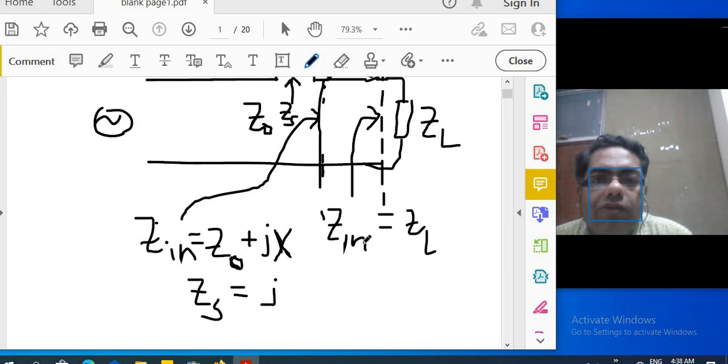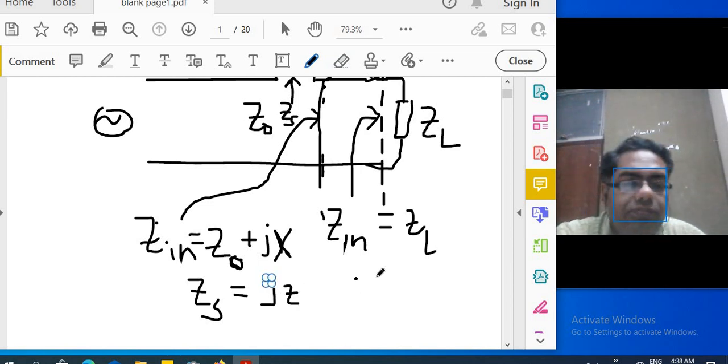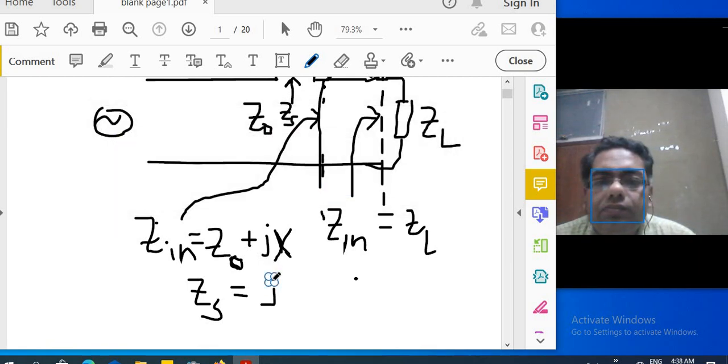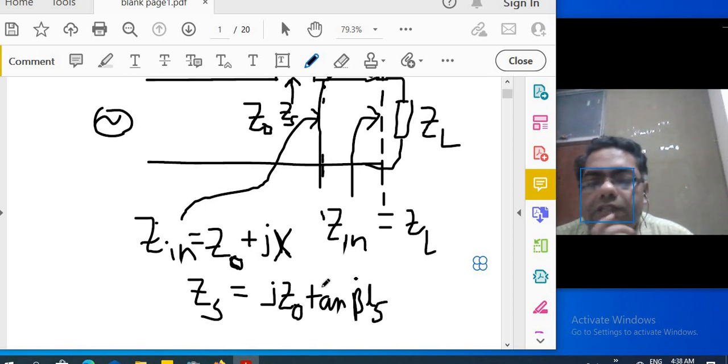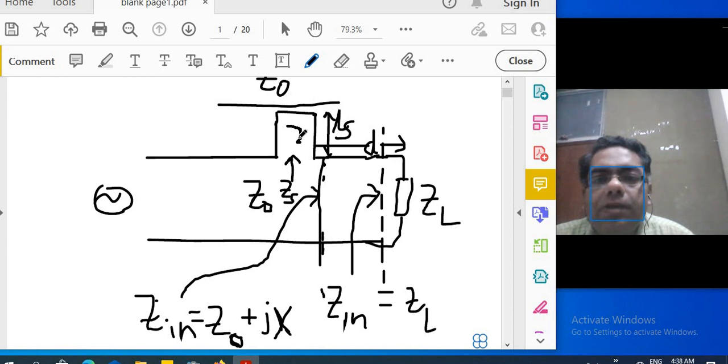For a short circuited line, the input impedance is jZ0 tan beta L. L is the length of the stub, so here the length is Ls, and Z0 is the characteristic impedance of the stub.